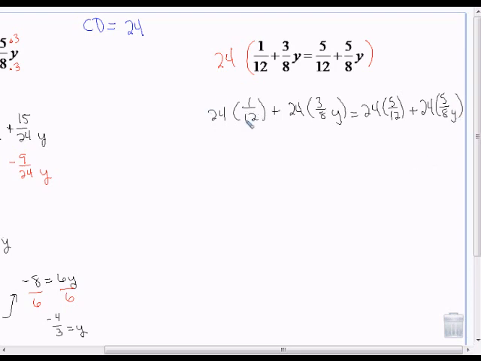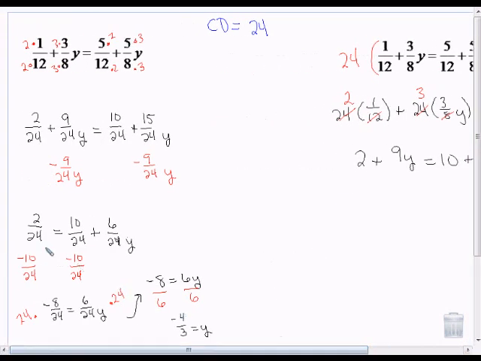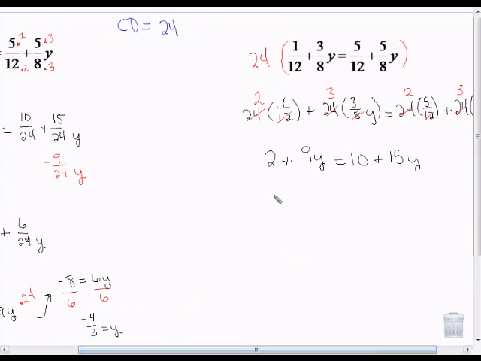Okay, 12 goes into 24 twice, 8 goes into 24 3 times, 12 goes into 24 twice, 8 goes into 24 3 times. So 2 times 1 is 2, 3 times 3 is 9, 2 times 5 is 10, 3 times 5 is 15. Do you guys notice a pattern here? 2, 9, 10, 15. Only we don't have to deal with the denominators.